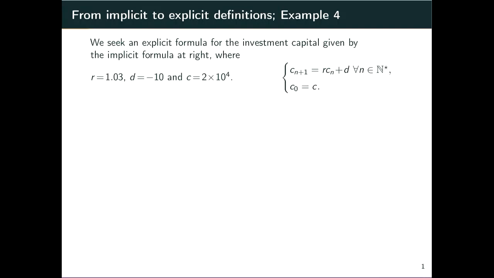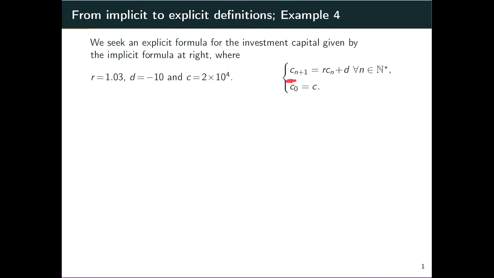So, reinvesting into a bank or something, and we're getting a rate of return. In the example, we're getting 3%, but then we added in this extra term of the bank fees, minus $10 every year or month or something. And we're starting with $20,000.